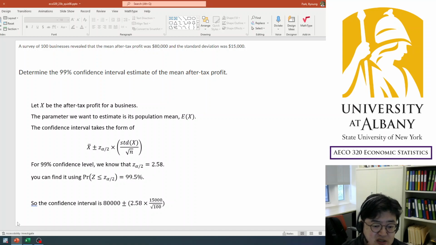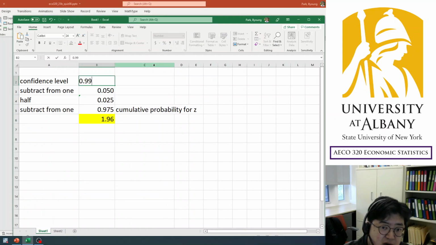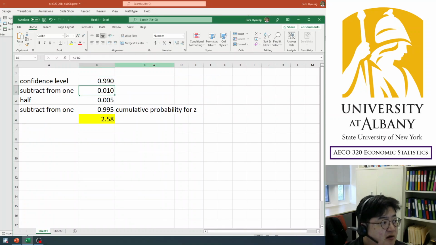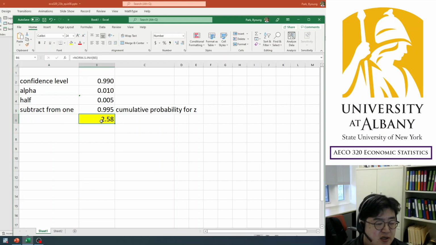We know it is approximately 2.58, or again, if you put 99% here, then it will give you 2.58. Let me put it as alpha, right? So if you make a worksheet like this, you may take this number. It doesn't matter which confidence level you use. In the end, you are going to get an approximate number.